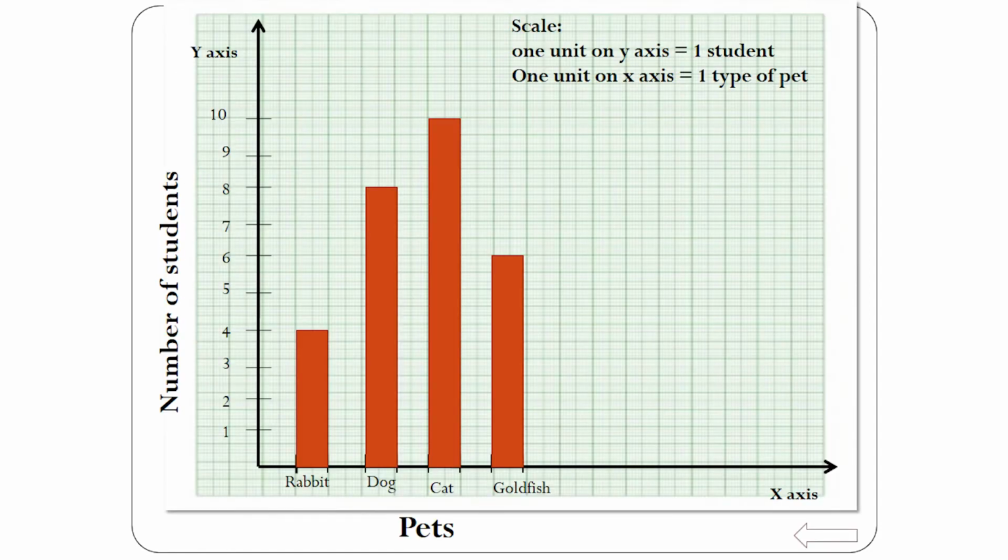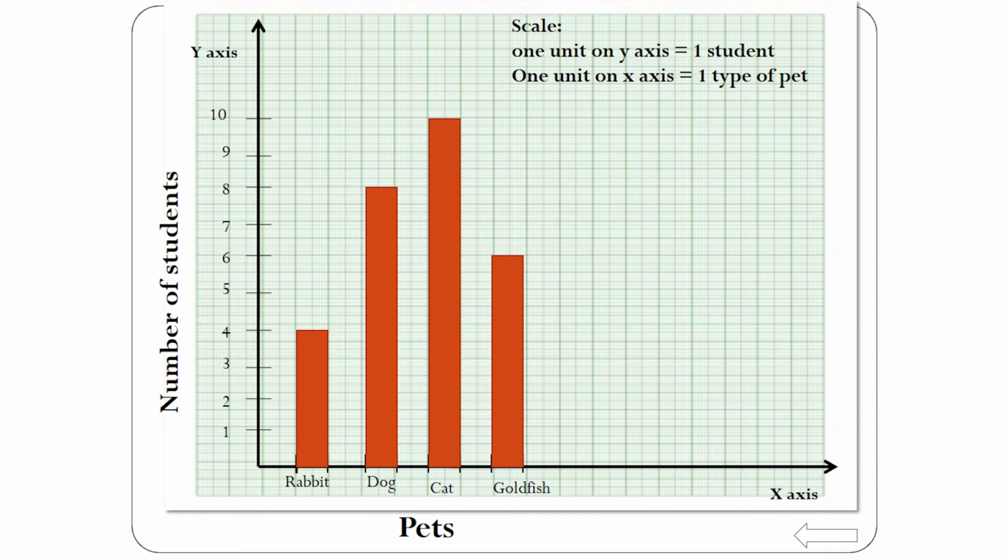Step 1. Draw the horizontal axis, x-axis, and the y-axis. Next, choose equal distance on the x-axis as well as on the y-axis. The scale you can take is 1 unit on the y-axis equal to 1 student, and 1 unit on the x-axis equal to 1 type of pet.